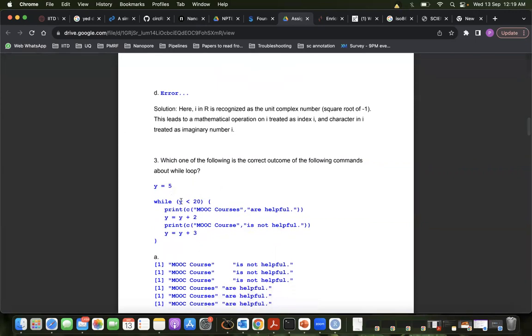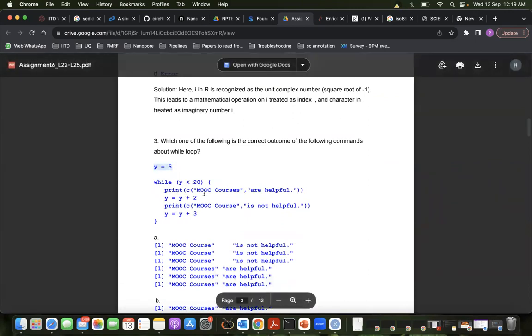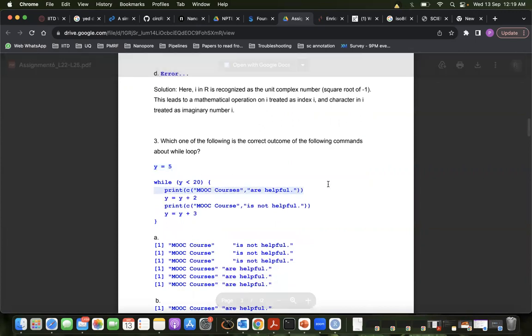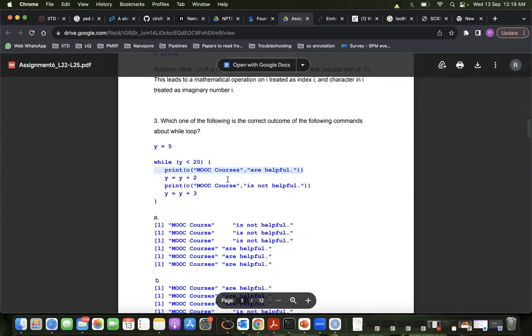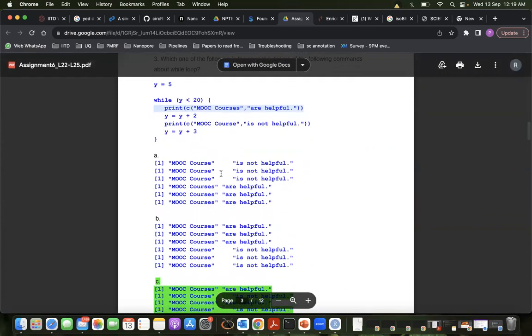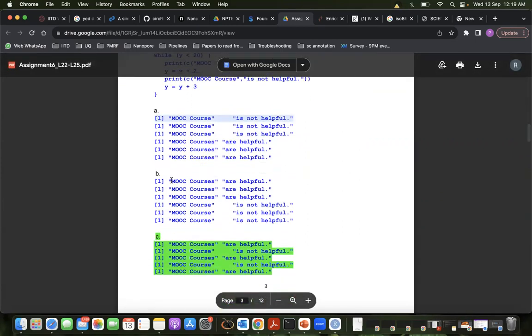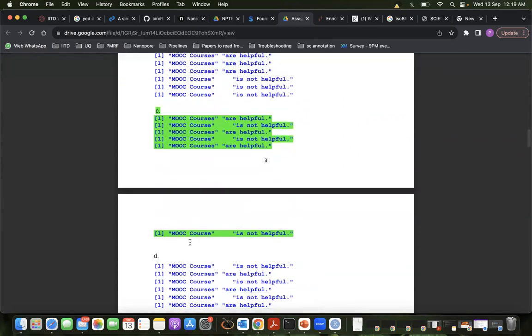Okay. Then here, you start off with y is equal to 5. And you're saying while y is less than 20, you do these things. What are you doing? You're first printing "C, MOC courses are helpful." So A is definitely not going to be the answer. B can be the answer. C can be the answer.